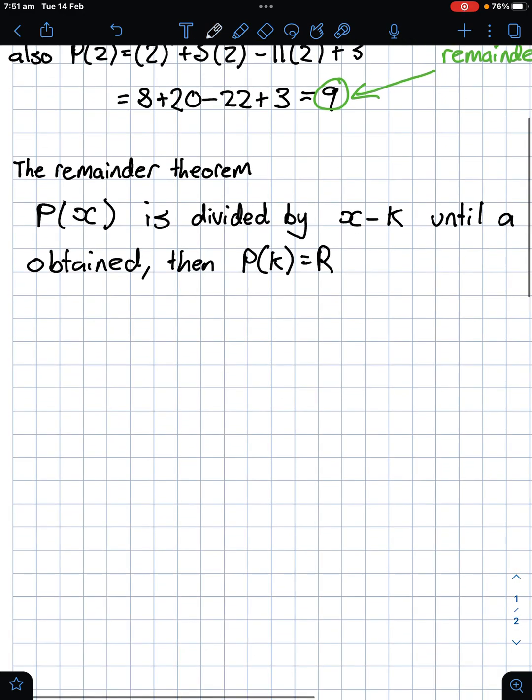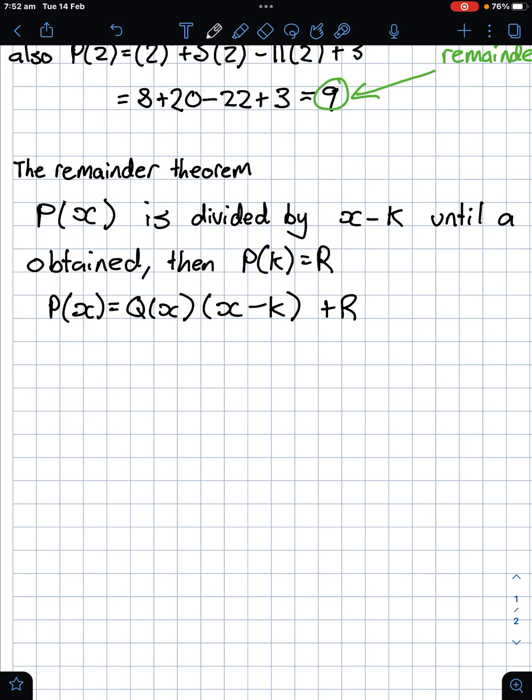So in this space here, for a proof of this, as we've stated before, P(x) is going to equal our quotient times our divisor. Now our divisor is just going to be this x minus k factor, plus our remainder.